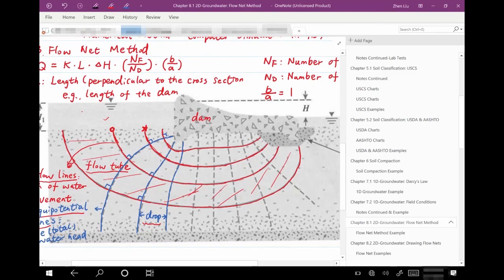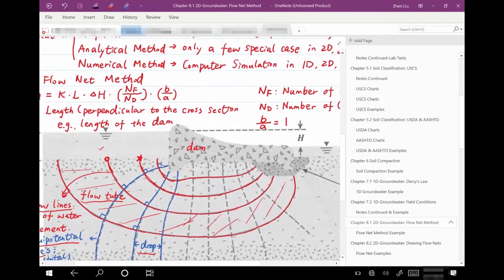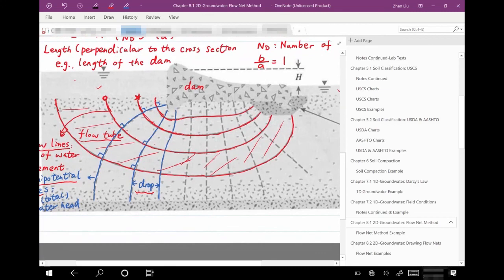And here I want to mention a few other things. Here I marked 4 flow lines, but actually there are more flow lines in this example. If we take a look here, we know that the concrete dam is impervious. So we can imagine that water will flow along the boundary between the concrete dam and the soil, right?